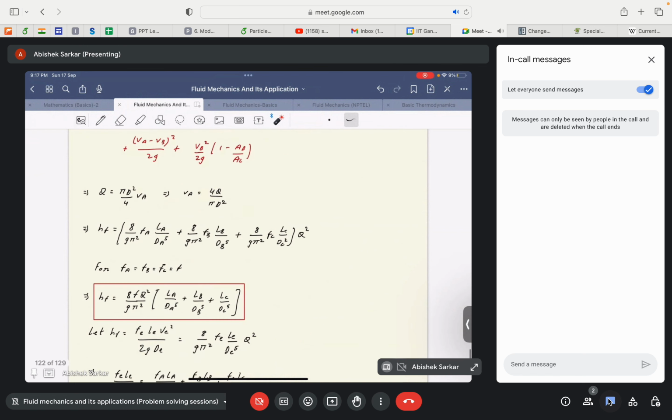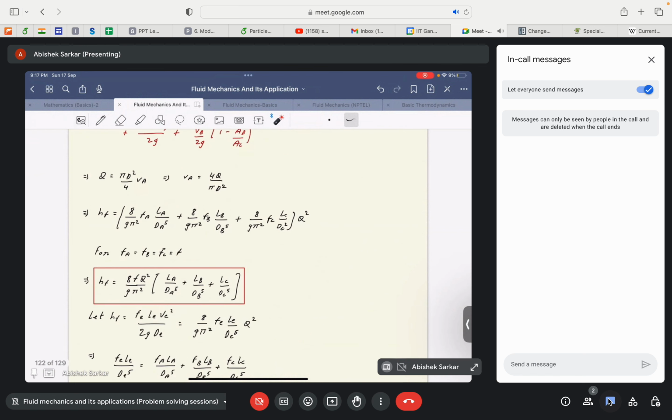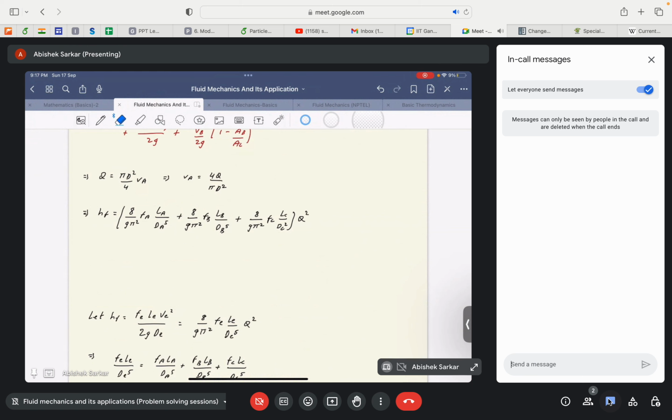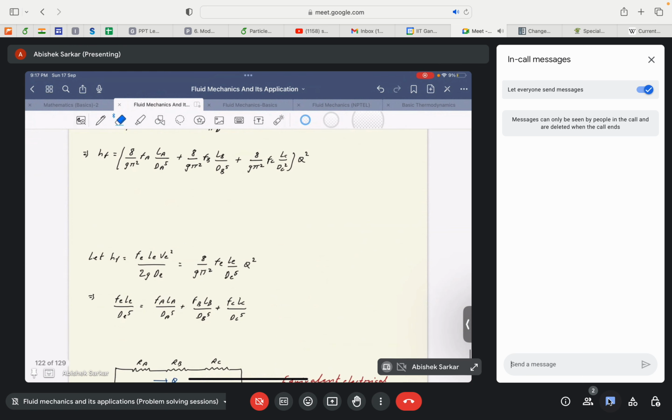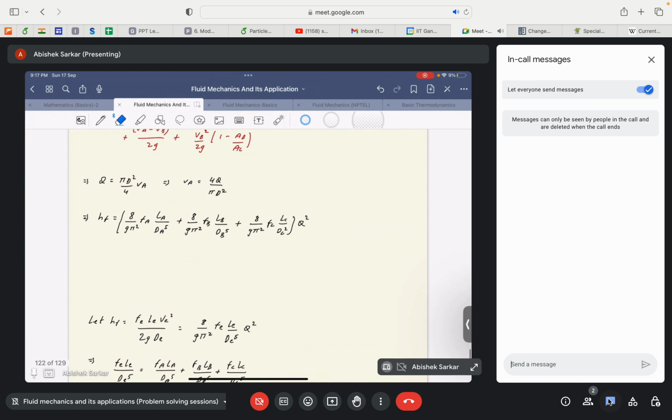Now again, if the pipe is made of same material, we can consider that the friction factor is... I am sorry, this is actually not possible, because friction factor would depend on other parameters, so this approximation is not possible. So this is the conclusive remark that we get.